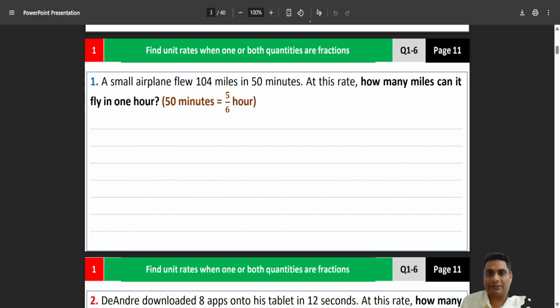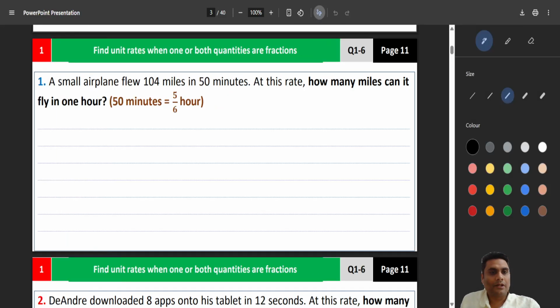So let's start. Okay, see the first question here. A small airplane flew 104 miles in 50 minutes. Okay, at this rate, we are talking about the rate. So whenever we are talking about the rate, we need a ratio. Now in a ratio, some number will come up and some number will come down, right?